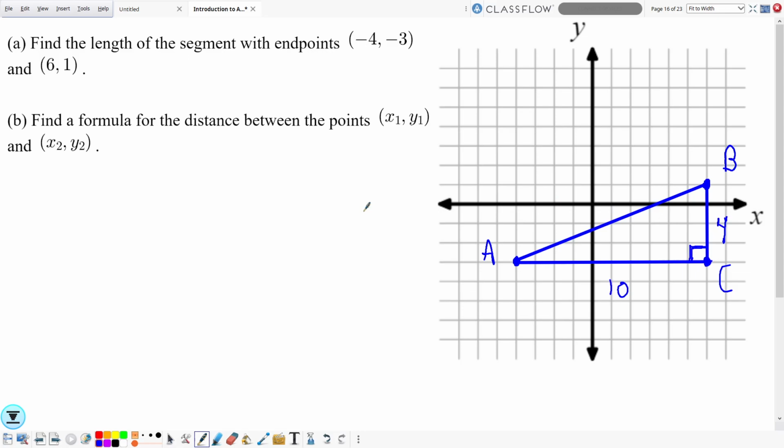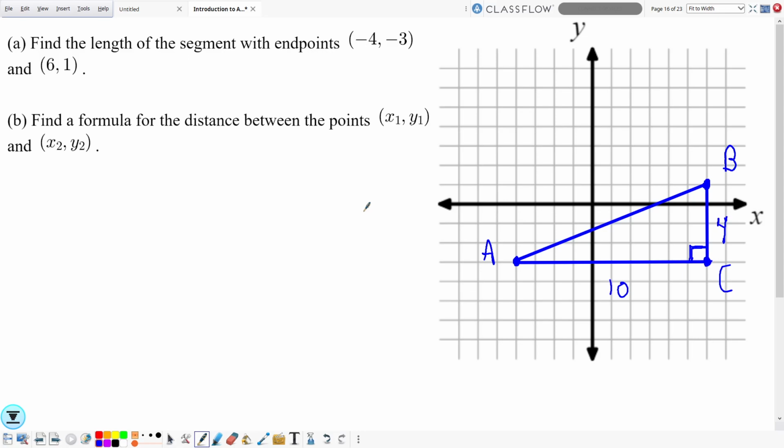And right angles mean right triangles, and right triangles mean Pythagorean theorem. So, if I use the Pythagorean theorem and treat the distance from A to B as my hypotenuse, then I can find the length of AB. Hence, I can find the distance between those two endpoints.